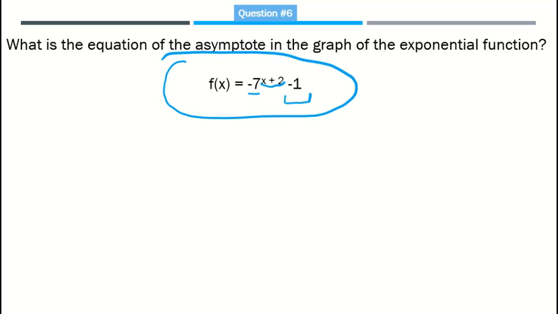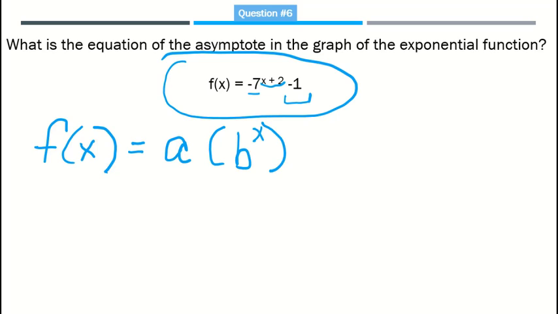Now a function in the form of f of x, let me just write this out as notes or as reminders, in the form of f of x equals a times b to the x plus c. We have a function in this form. So this part right here is going to determine the formula for our horizontal asymptote.